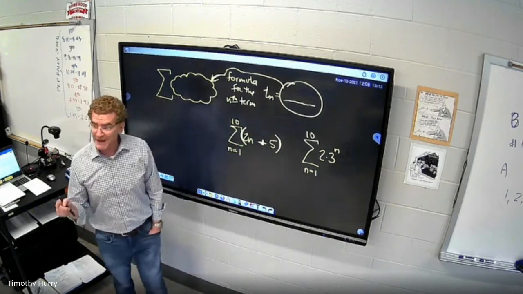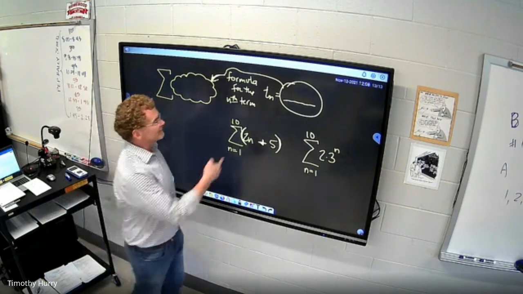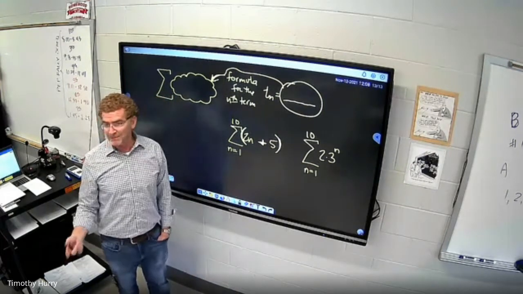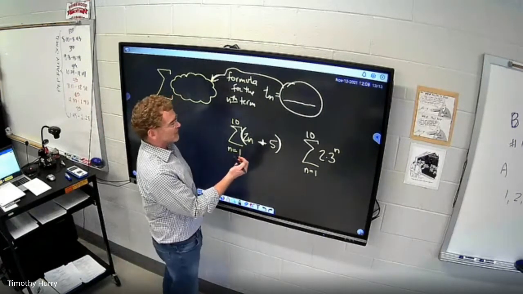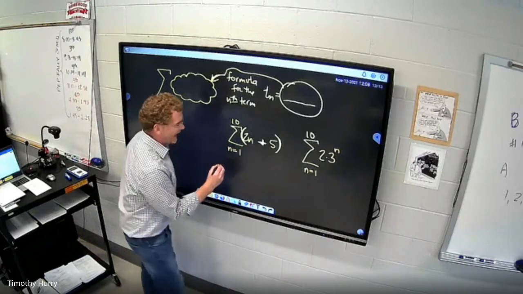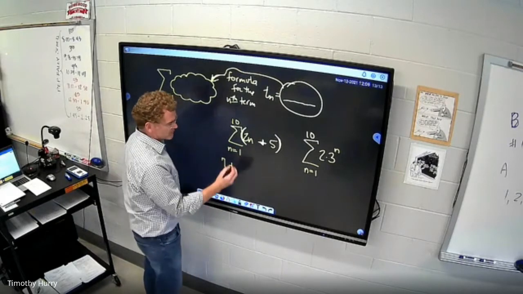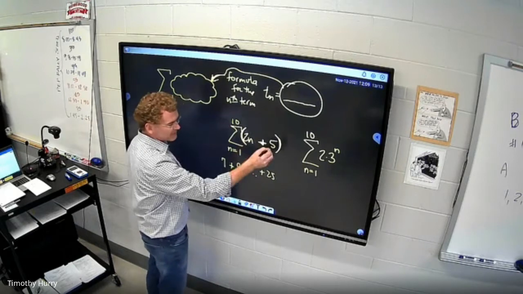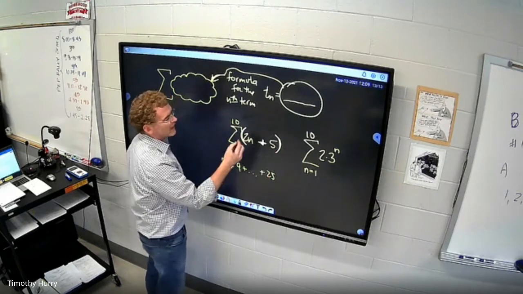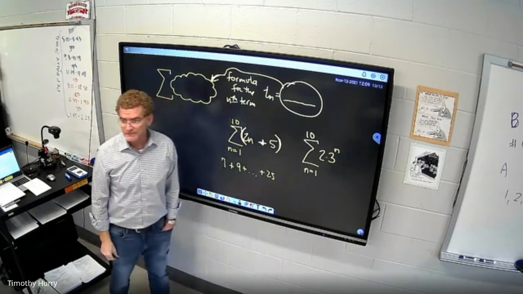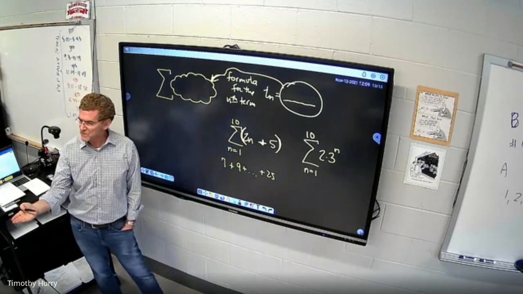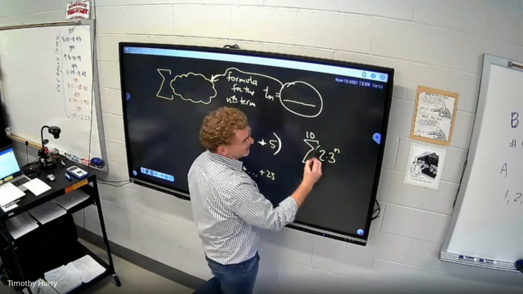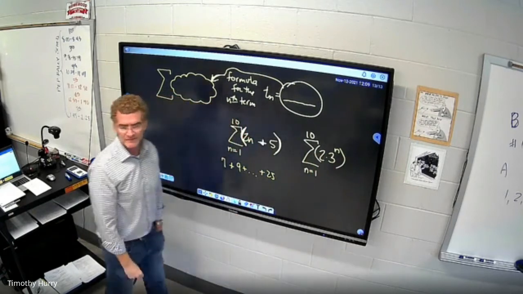At a math tournament, I remember them not putting parentheses around it, but they meant to. It was confusing. Wait a minute, do I plug a 1 in here and get 7? Plug a 2 in and get 9? Do I do that all the way through 25? Or do I plug in the 10? If you don't have the parentheses, you don't know. Is that making sense? So basically with arithmetics, make sure you do that. Geometrics, you can if you want, but it's not necessary.